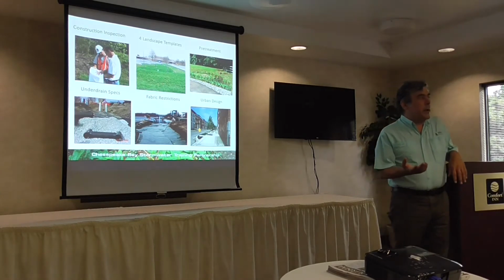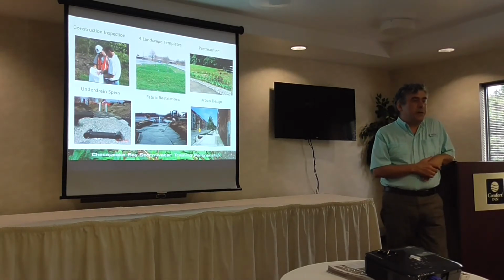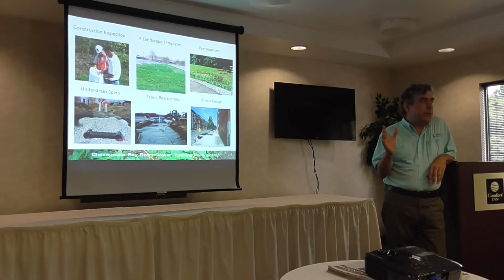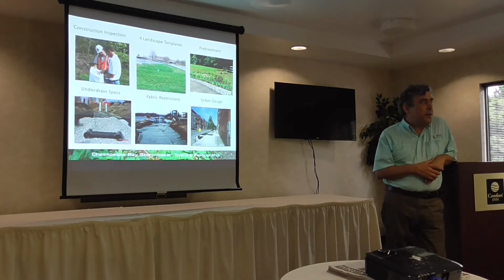After our break at 10, we'll talk about construction inspection. We'll also talk about the wide range of landscape templates that we can have. They can have a number of different surface covers. They don't always just have to have mulch. It's a common misconception that a lot of people have.